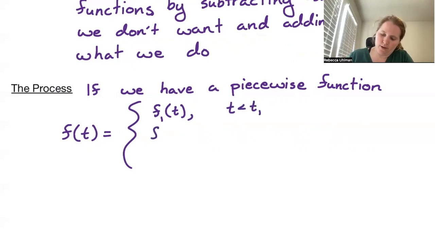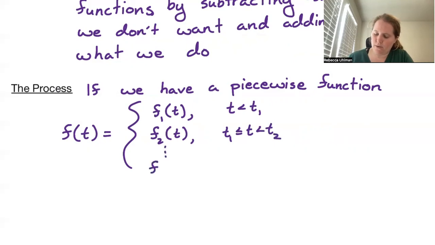And then maybe it's defined by the function f2 of t for t1 less than or equal to t less than t2. And let's say it's defined all the way through fk of t for t_(k-1) less than or equal to t less than tk.